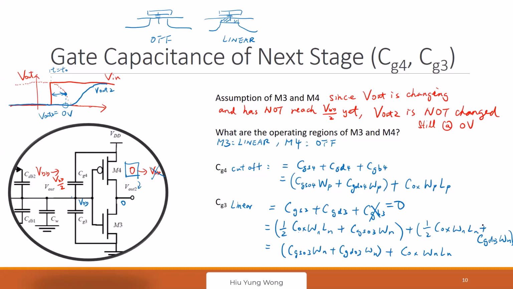Why are we considering extra capacitance as CW? Here we try to combine. CW itself is also a load capacitance because you have a long wire to drive the next stage inverter. Its loading capacitance also has this CDB. We'll talk about it later; this is called intrinsic loading. Its external loading has C wire and also CG3 and CG4.